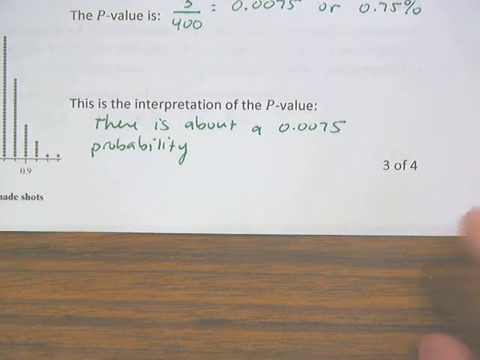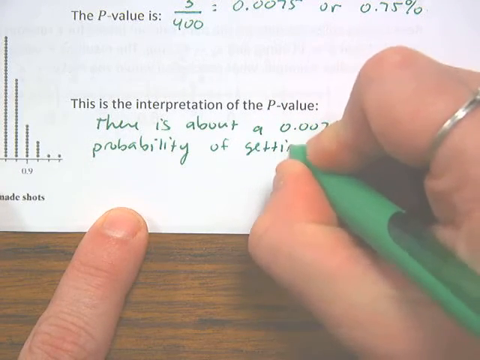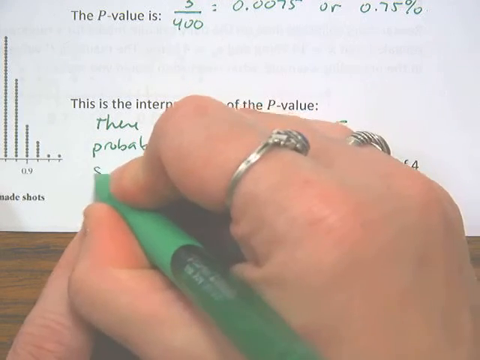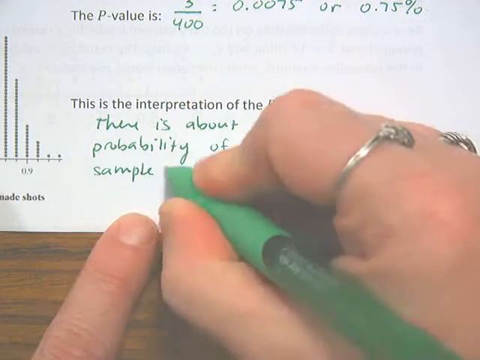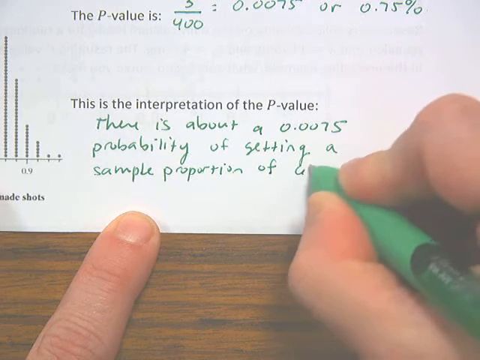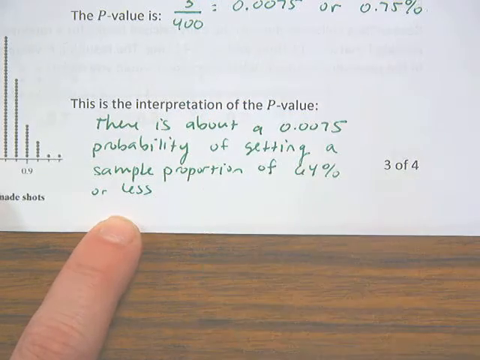Here's what a p-value actually is, you guys. It's the probability of getting a sample proportion of 64% or less by chance alone.